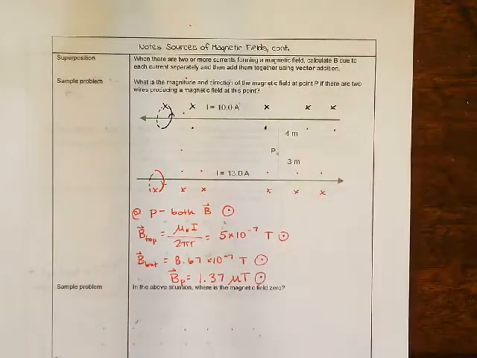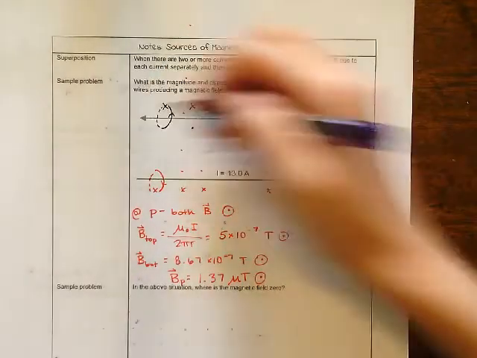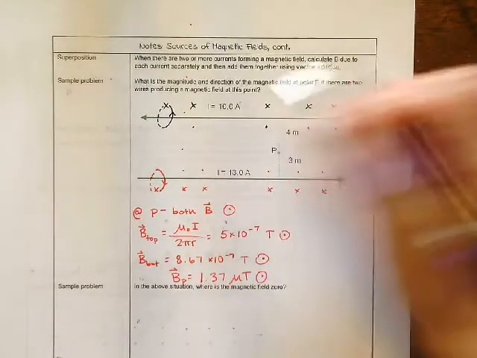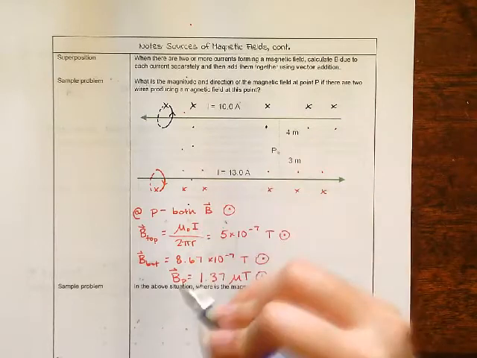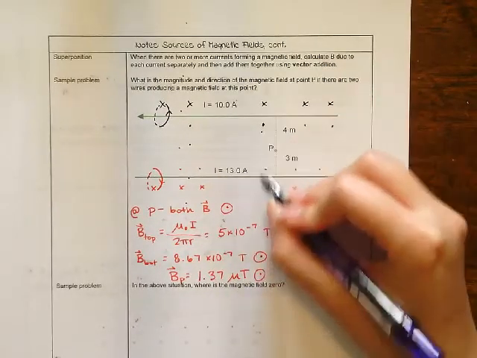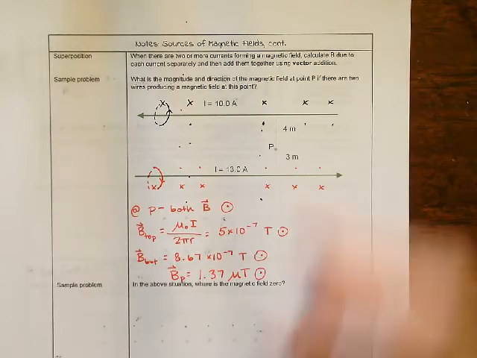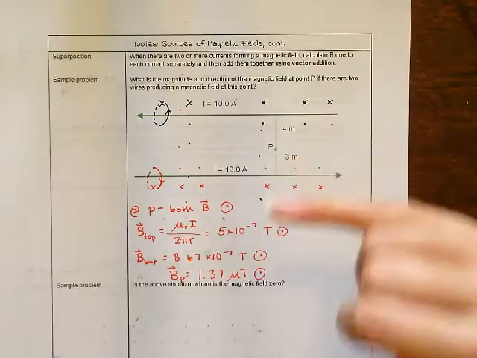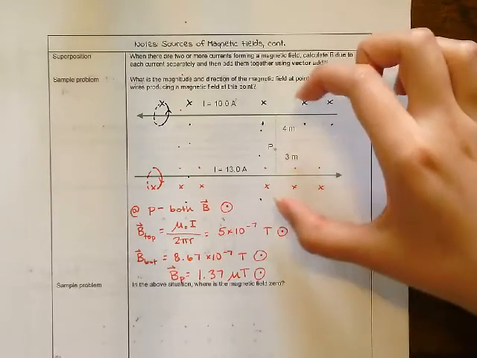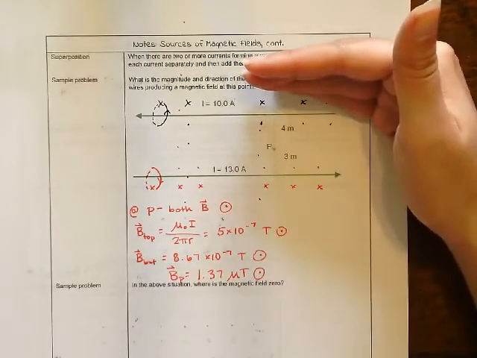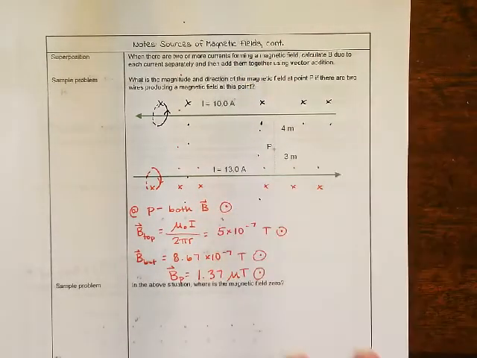From this top wire, everything underneath that top wire, there is going to be a magnetic field also trying to point out of the page there. So our magnetic field is going to be smaller above the top wire and below the bottom wire.